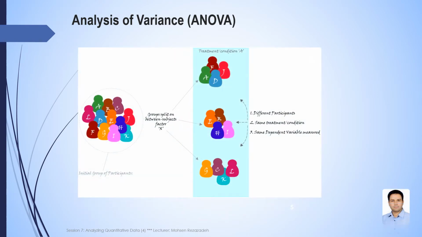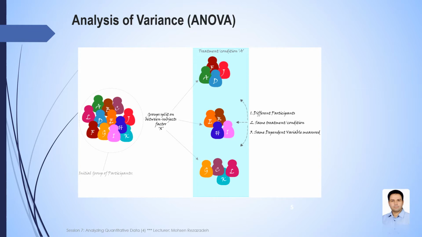A second study design is to recruit a group of individuals and then split them into groups based on some independent variable. Again, each individual will be assigned to one group only.